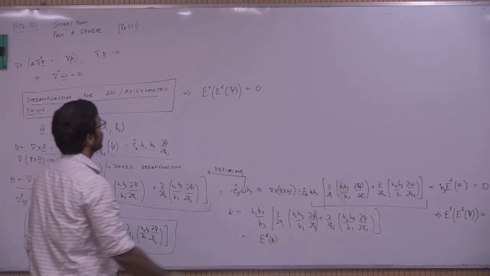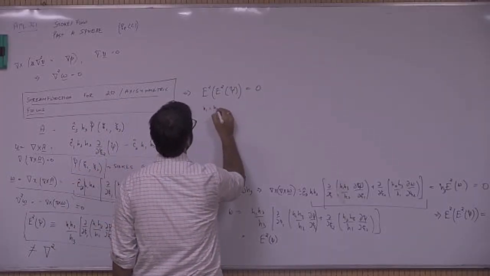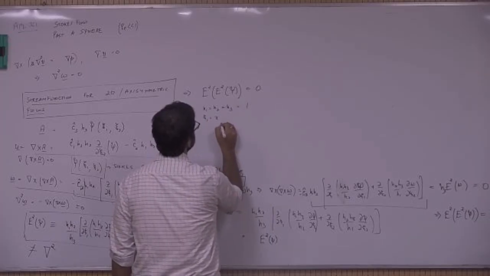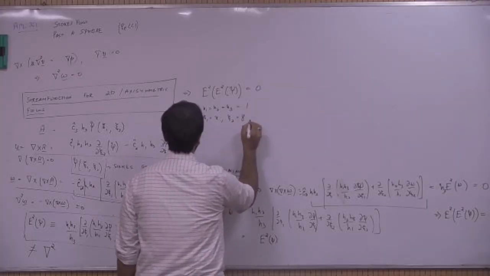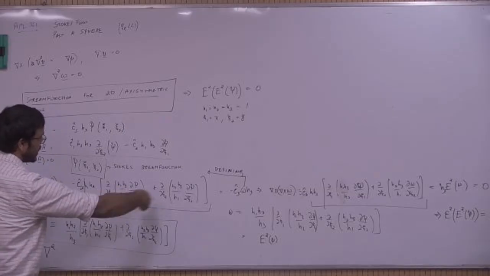Okay, so let us take the example of h1 equals h2 equals h3 equals 1, and c1 is x and c2 is y. Once you take that example, all of these h guys are 1.